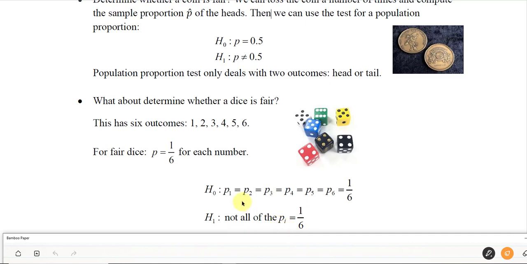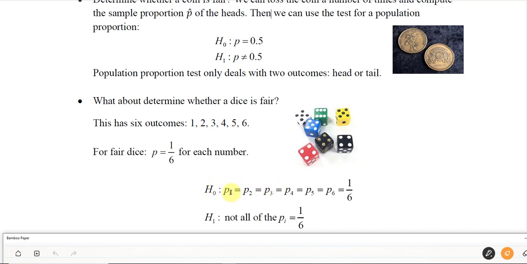That means for 1 or 2 or 3 of them, the probability of getting that value is not equal to 1 over 6. This is the condition against the null hypothesis H naught, because you are looking for the die to be fair, so you want all the numbers to have probability 1 over 6.